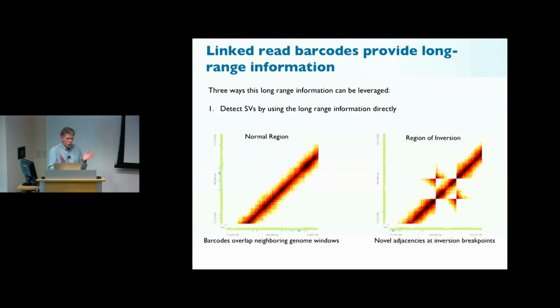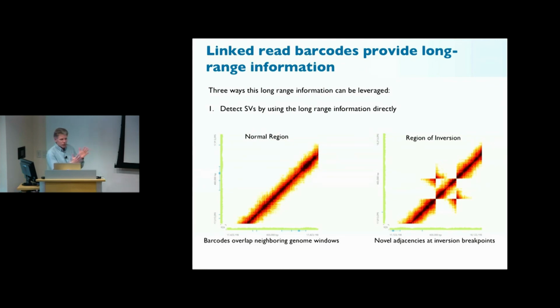One is you can just look whether or not the barcodes are next to their barcode buddies, right? Because they should be. They all came from the same molecule. And if you plot that, these plots are showing Loupe, something called the Loupe browser from 10x that allows you to visualize where the barcodes landed when you align the reads back to the genome. You can see that if you just have a normal diploid place in the genome, all the barcodes are close to each other.